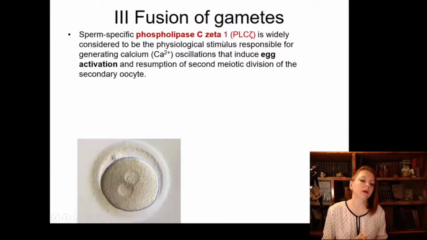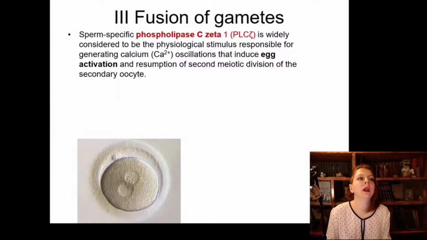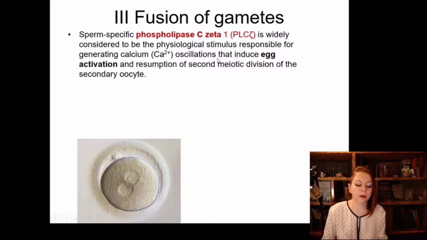It was revealed that phospholipase CZ1 is one which is needed to activate an egg, but there is also another factor, unknown up to now, which stimulates the oocyte to divide.